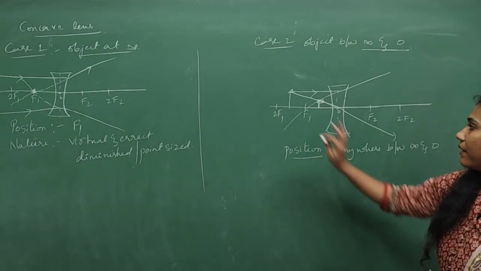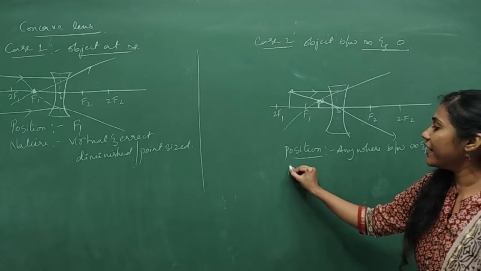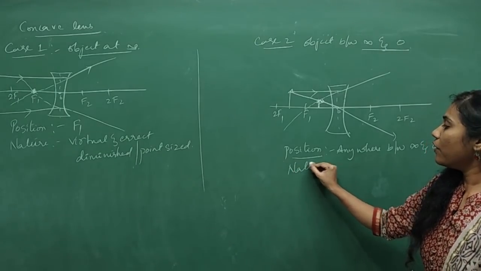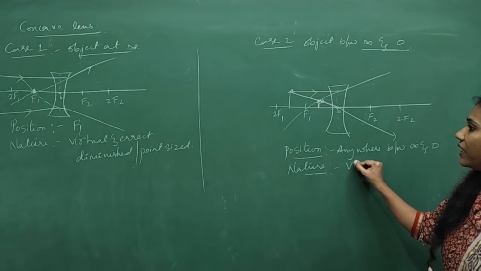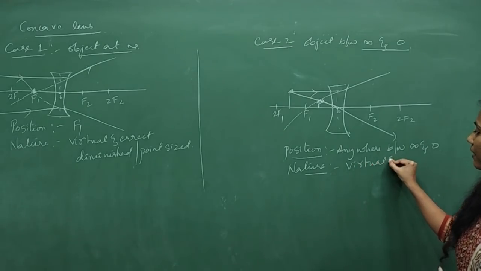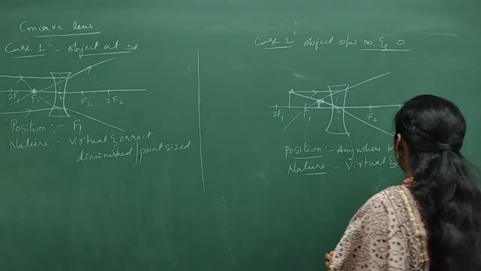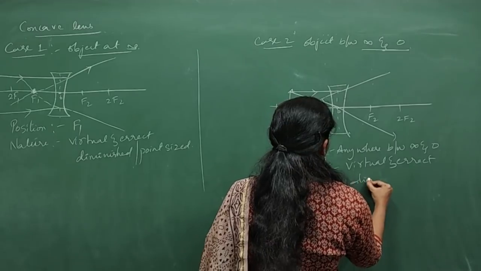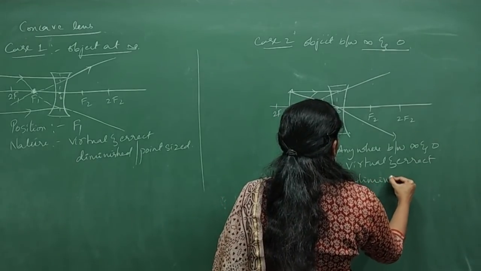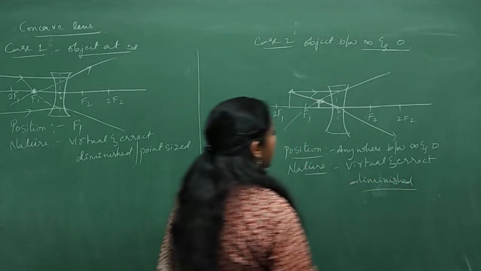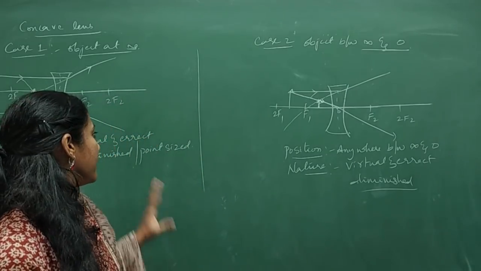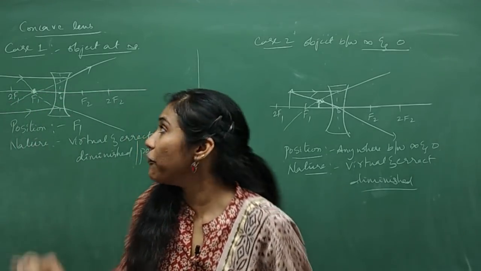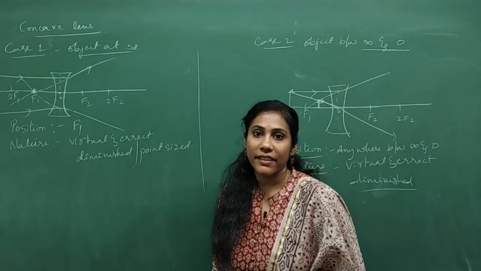Anywhere between that you will get, and the nature of the image is virtual and erect, and it is diminished. Size is diminished, isn't it? So these are the ray diagrams of your concave lens, right?